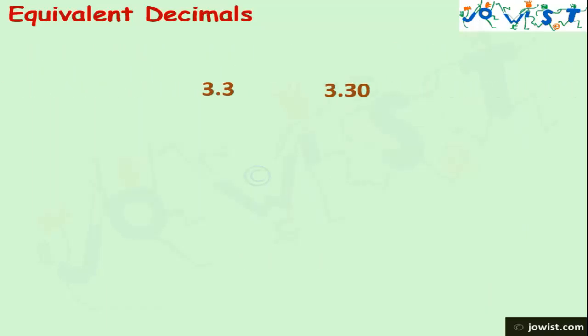Now look at these two numbers, 3.3 and 3.30. These two numbers are equal, or we can say these two numbers are equivalent decimals. Similarly, 45.50 and the number 45.5. These two numbers are equal.